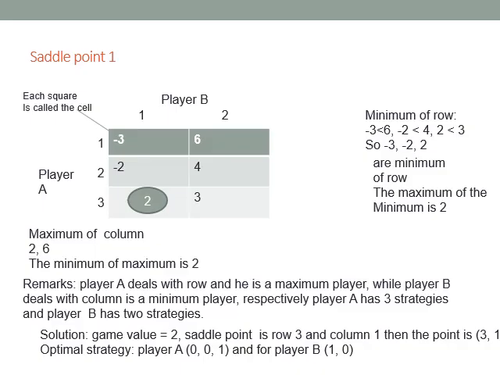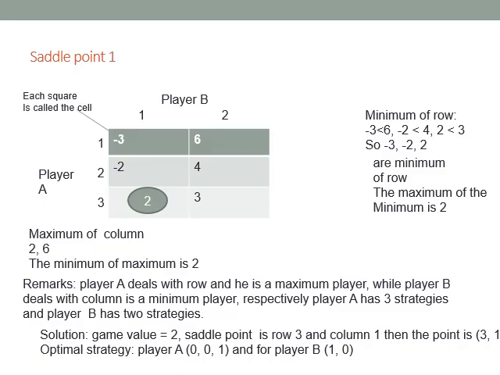Optimal strategy for player A. He is going to choose row 3 because the place of his value is in row 3.